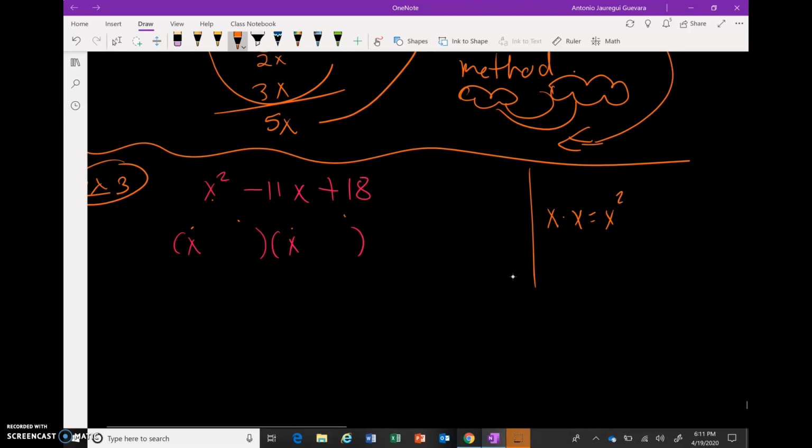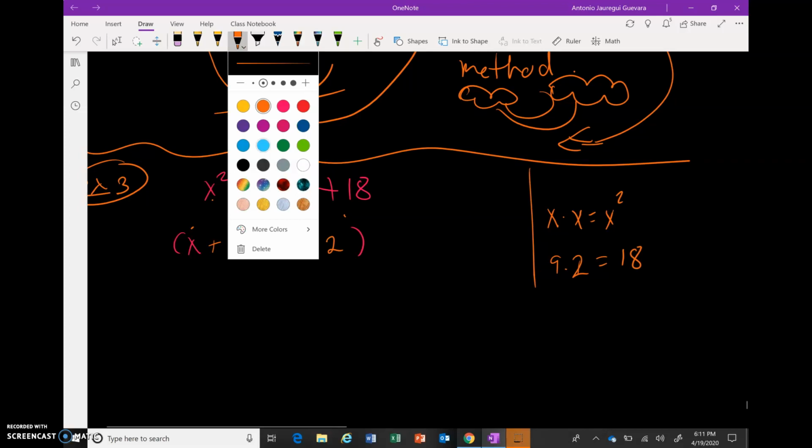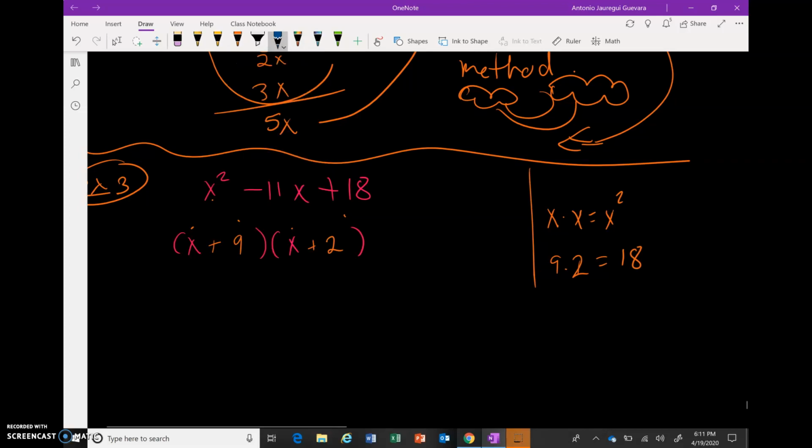This is where you kind of have to think about this for a second. I think 9 times 2. This is the first time I'm doing this, so I think positive 9 times positive 2 will give me 18. Let's check it with my famous rainbow method. 9 times x will give me 9x, and 2 times x gives me 2x.